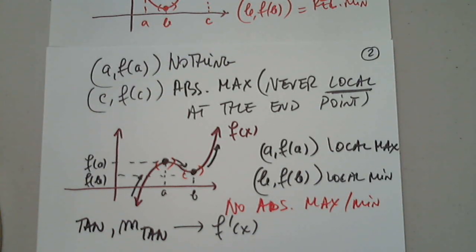So this is nothing. This is a relative max because the function values on the left and on the right are smaller than it, in the immediate vicinity of it. But here, this side is smaller and this side is larger. Nothing.